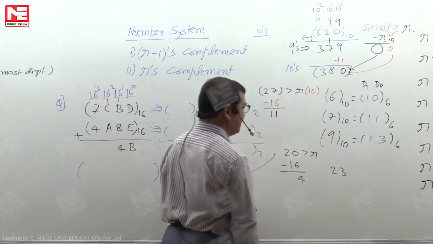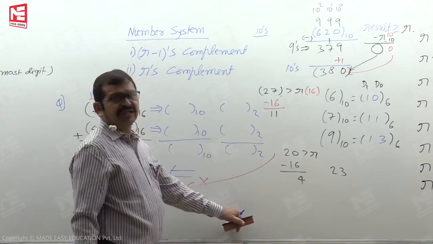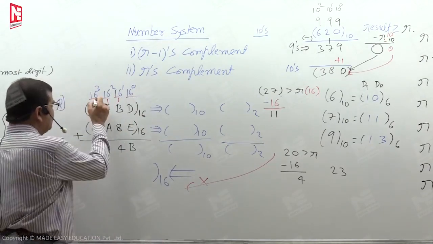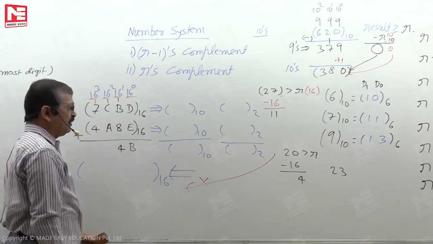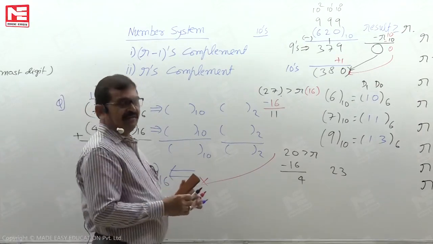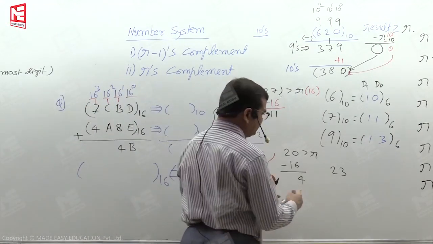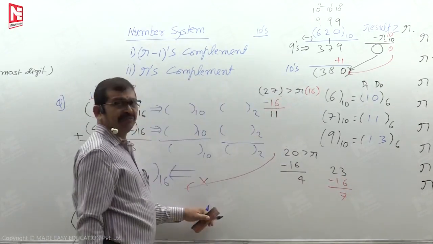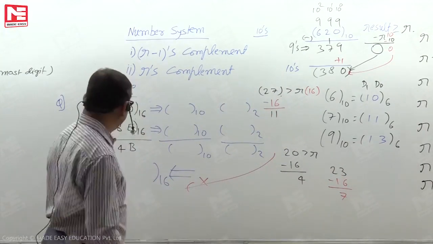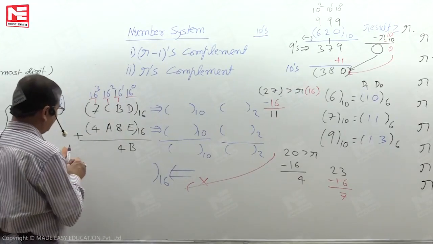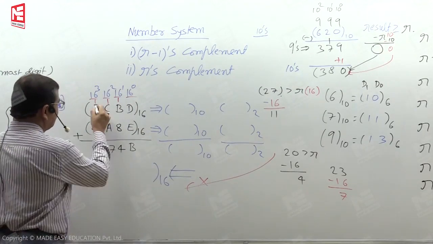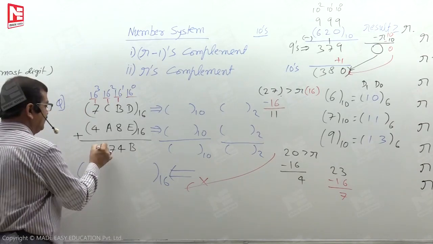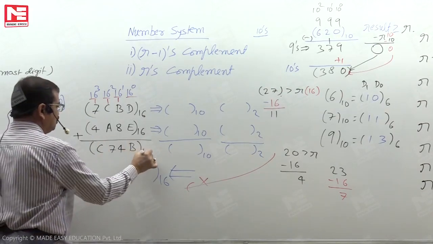Again, it is greater than the radix, so we forward a carry to the next significant place, 16 to the power of 3's place. From this result we subtract the radix, 16, so at the corresponding place we have 7. 7 plus 1 is 8. 8 plus 4 is 12, and 12 we read as C. Hence, this is the answer.